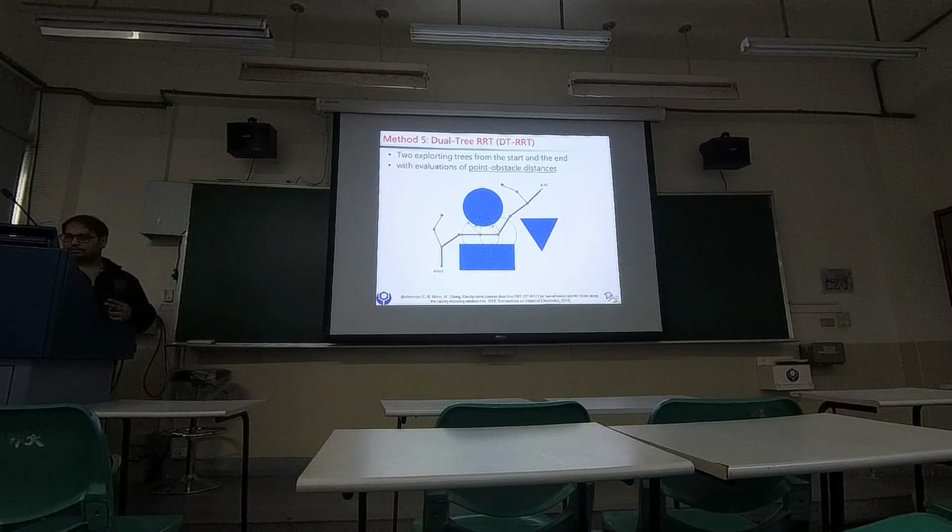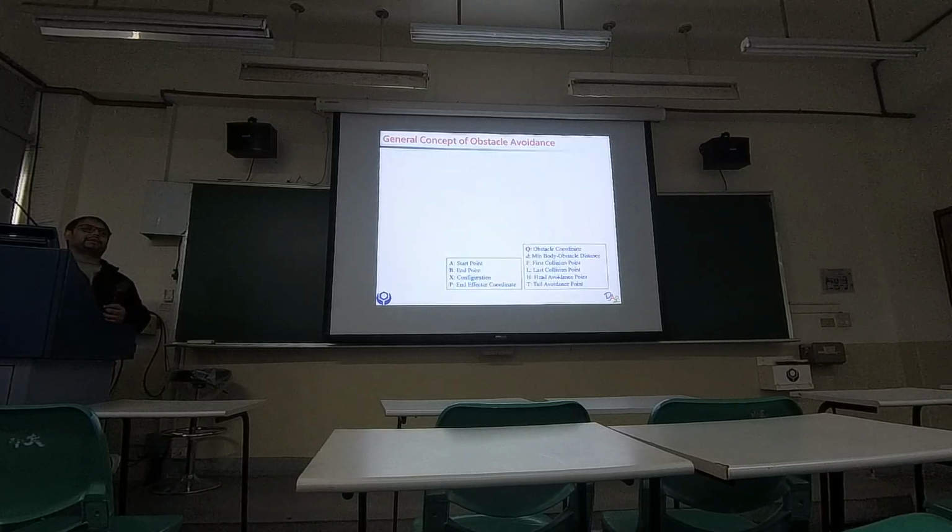First we discuss the general concept of obstacle avoidance, and the method which we have introduced is Newton's method with Lagrangian minimization. It gives you the same path every time, and it gives a much faster rate of convergence.